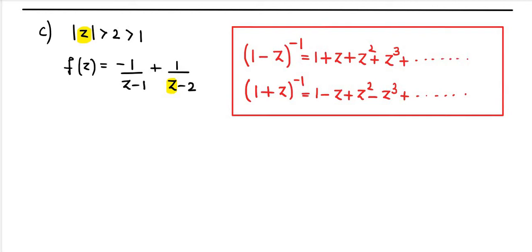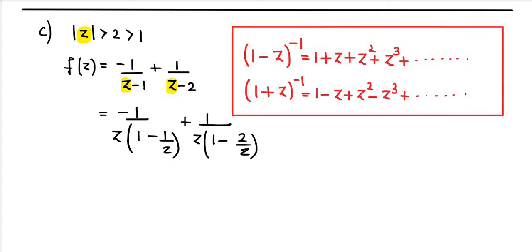So, comparing mod z and 1, z is bigger. So, here also you have to take z as a common factor. So, minus 1 by z into 1 minus 1 by z plus 1 by z into 1 minus 2 by z. So, in both the terms 1 appears as a first term. So, we can make use of this formula for expanding.